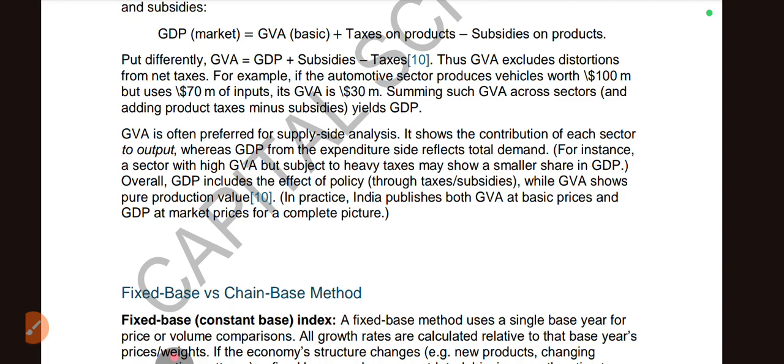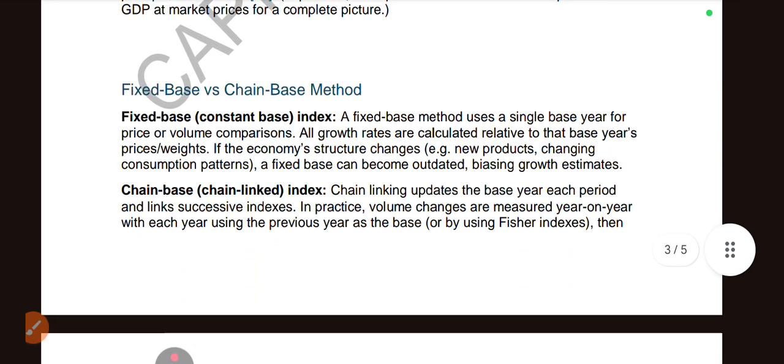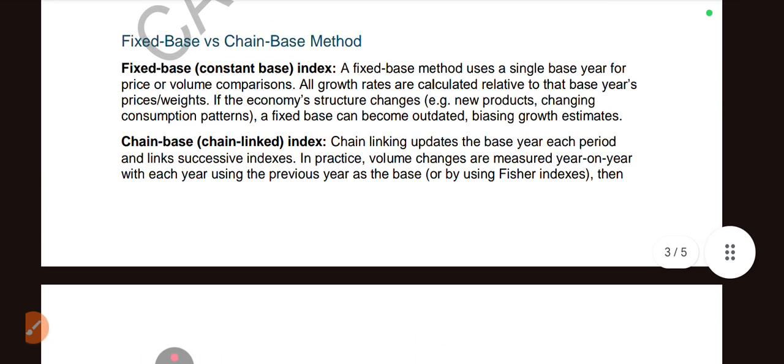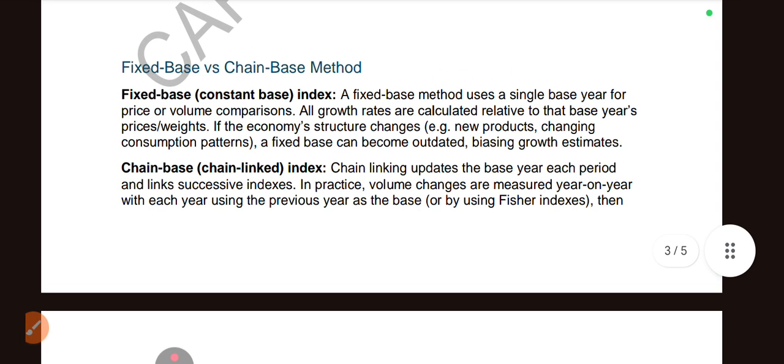Now let's come to the fixed base and chain base. Fixed base, constant base index. A fixed base index uses a single year as the base year. For example, even today we use 2011-12 as a base year, which is the fixed base. Chain base is nothing but taking the previous year.